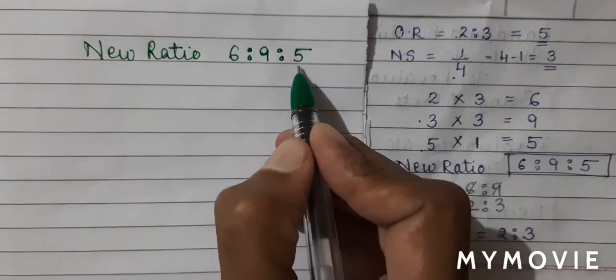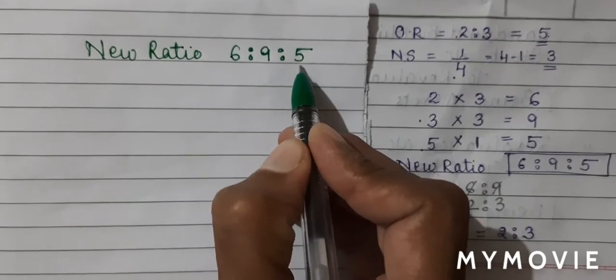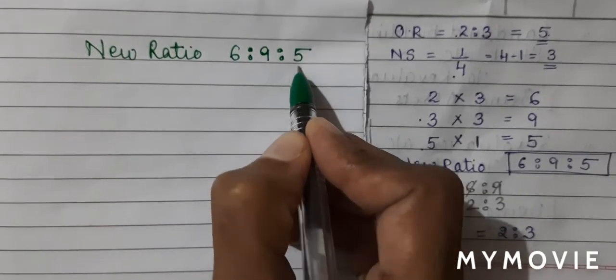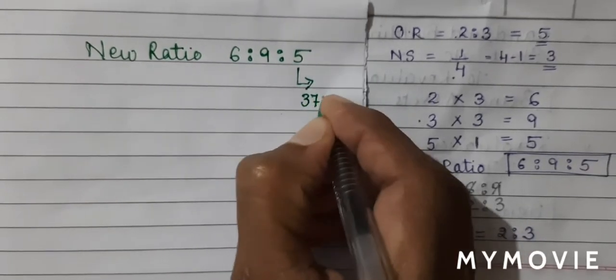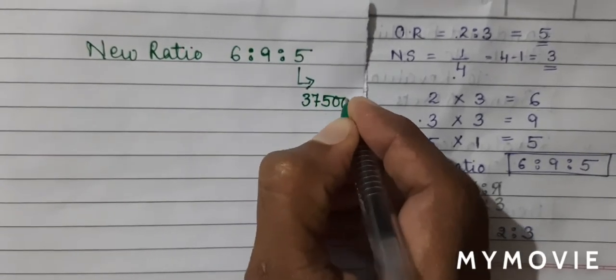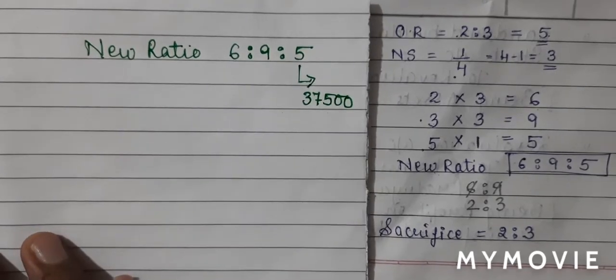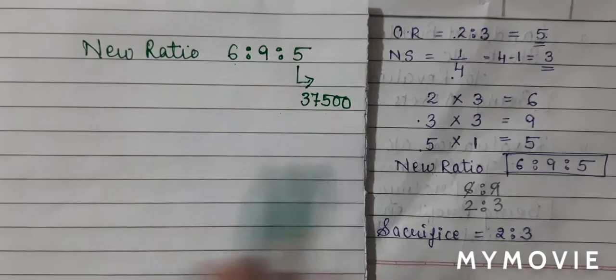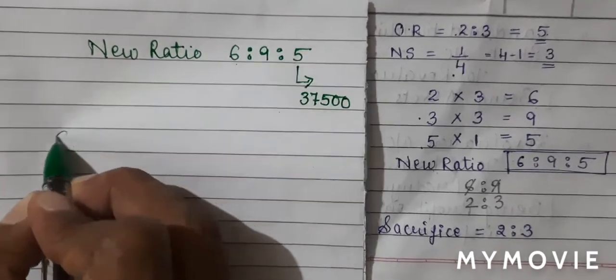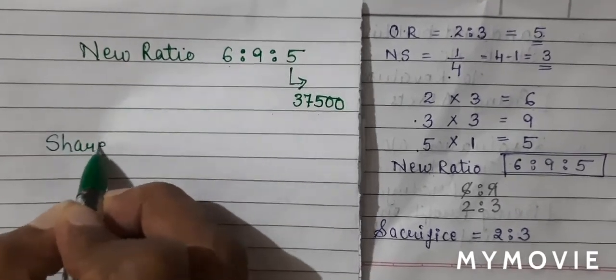Now we need to calculate the new capital. So we will take the new person's capital as the base. So for 5 share, Avni brought in 37,500 rupees as her capital. So now we will have to see how much Vikram and Pradnya will get. So we will calculate it in the form share and rupees.